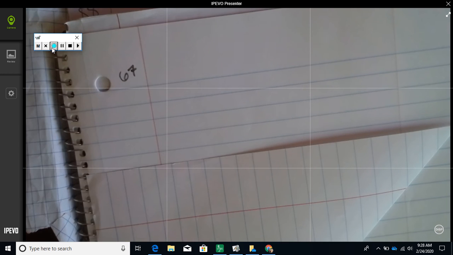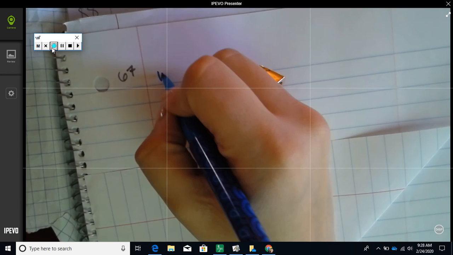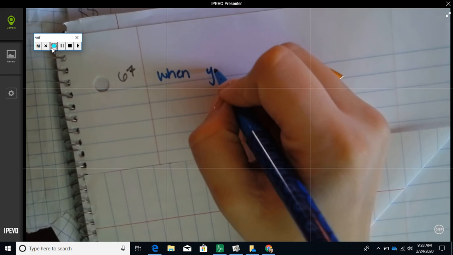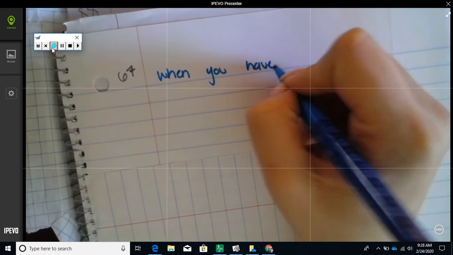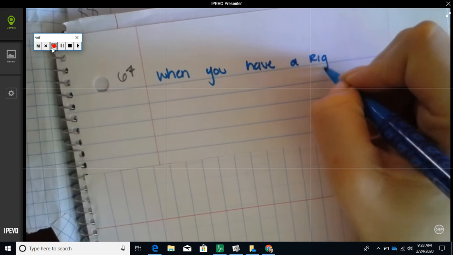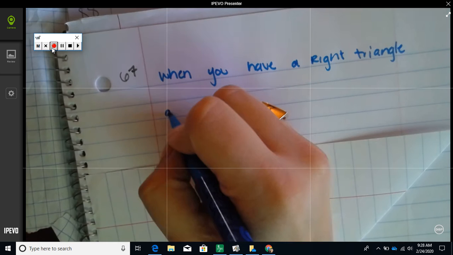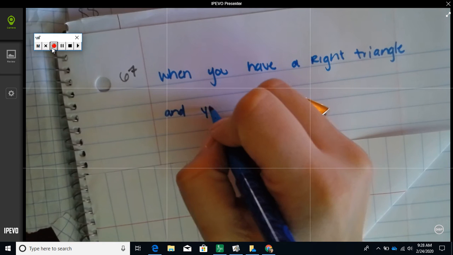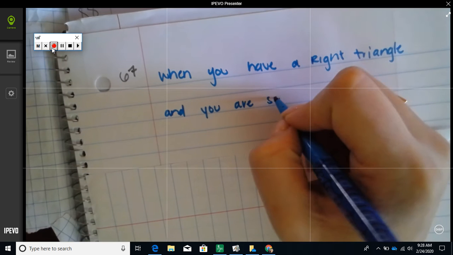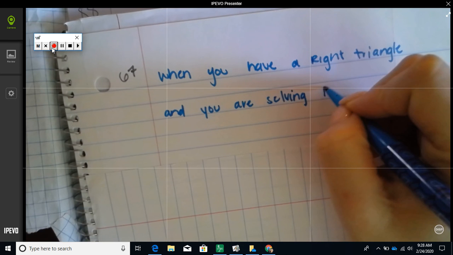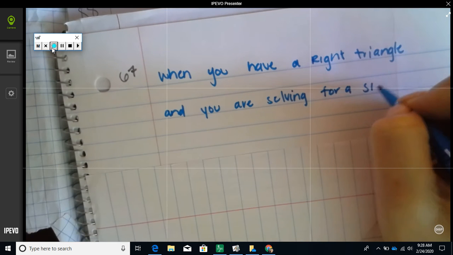So this one is when you have a right triangle and you are solving for a side.